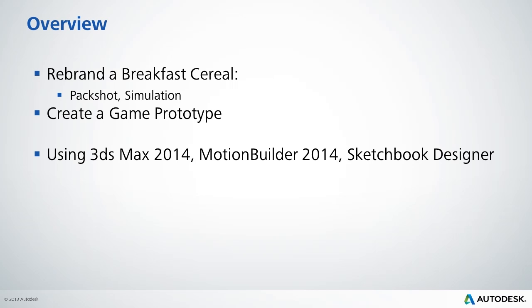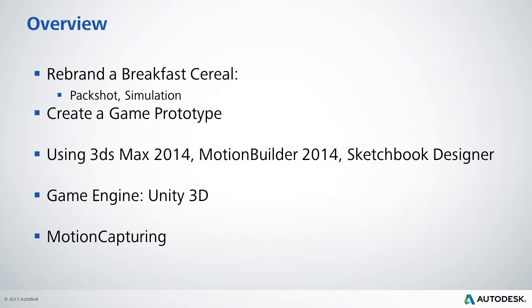Basically, we're going to use the 3ds Max Entertainment Creation Suite, and this involves particularly 3ds Max itself, as well as Motion Builder and Sketchbook Designer. For the game engine, we're going to use Unity 3D, and we're going to hop into Unity itself. And I will also do a bit of a demonstration on motion capturing while also using Motion Builder at the end.